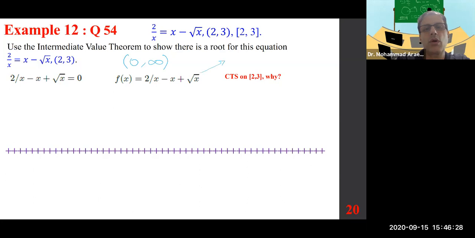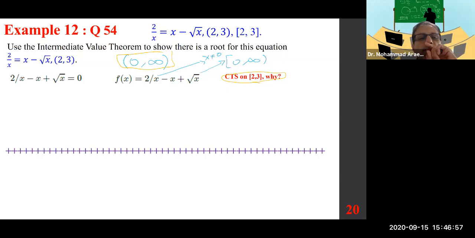For the square root, it would be 0 to infinity. For the rational piece, x can't be 0, and for minus x there is no restriction. That's why the answer becomes this. So if the function is continuous from 0 to infinity, it is continuous from 2 to 3. I hope everybody is following what I'm doing.